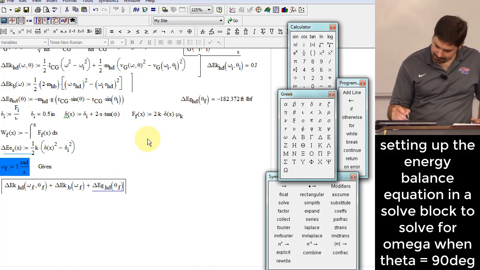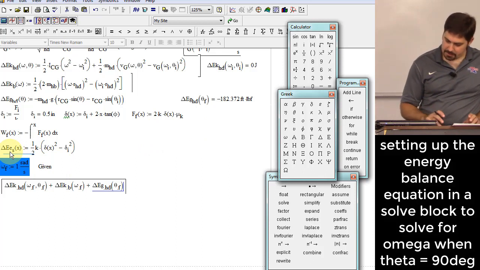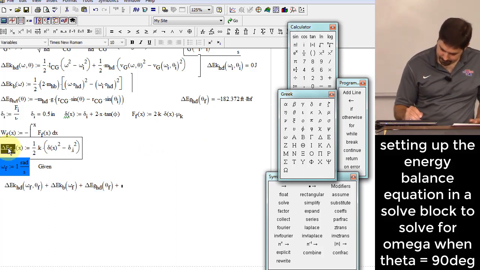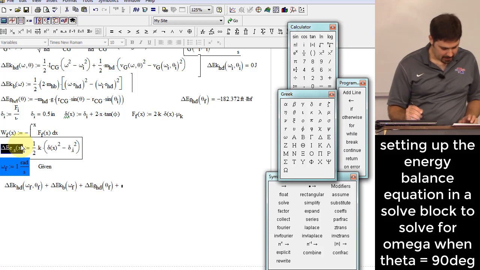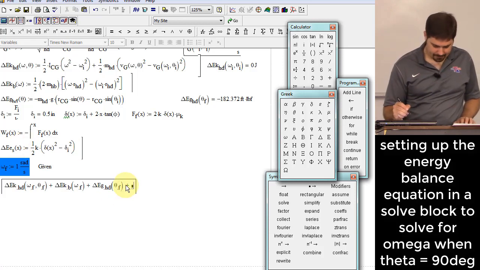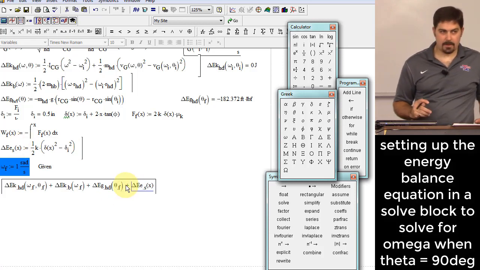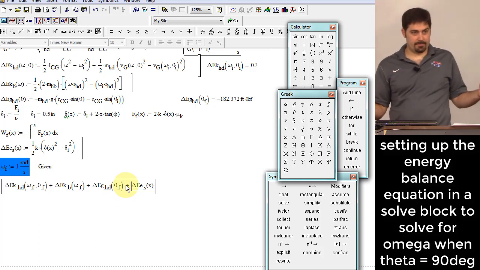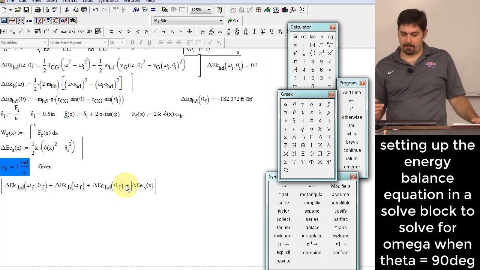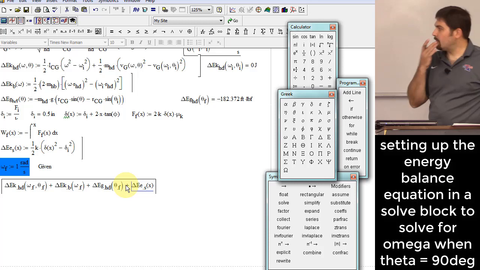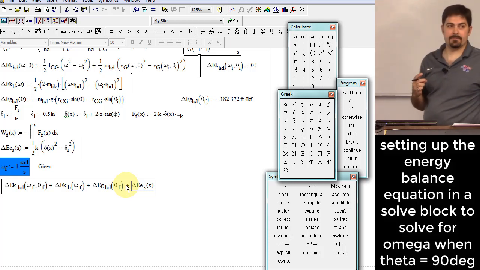And I have a change in the amount of energy in the spring. Okay, now this one's a little different. X right now is a variable, right? But X is actually related to theta. How so?